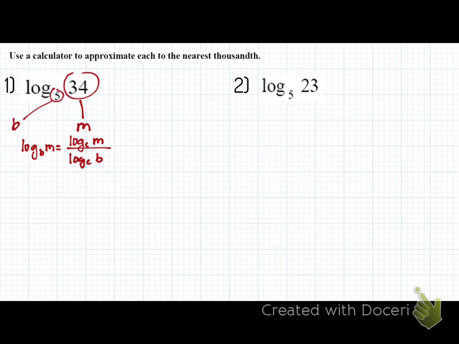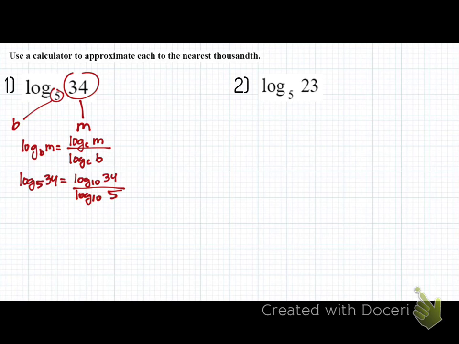Now I'm going to replace all my letters with the numbers. The original problem is log base 5 of 34, and it's equal to log base 10 of 34 over log base 10 of 5. Now we're ready to work out the problem on our calculator.